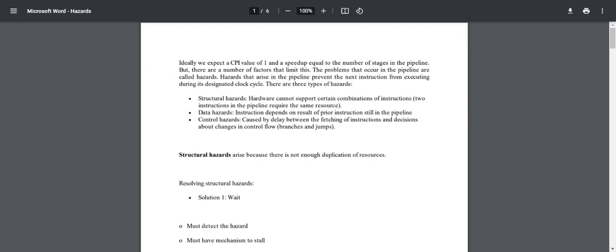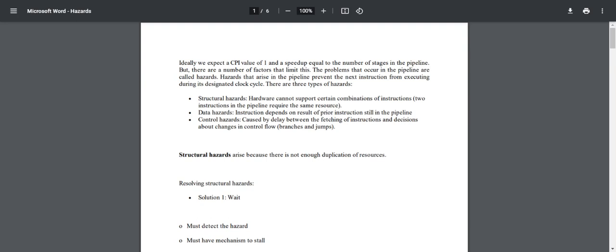Then structure hazard will happen. Data hazard: an instruction depends on the result of the prior instruction, which is still inside the pipelining. If such a situation occurs, then we say that data hazard has happened.